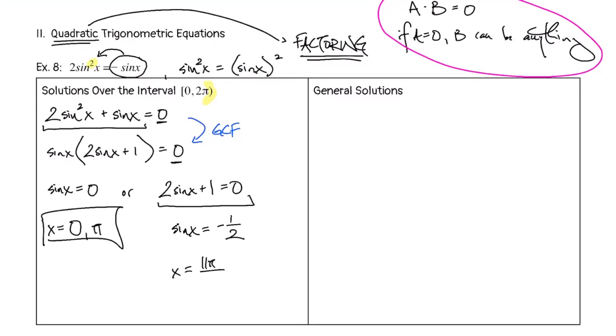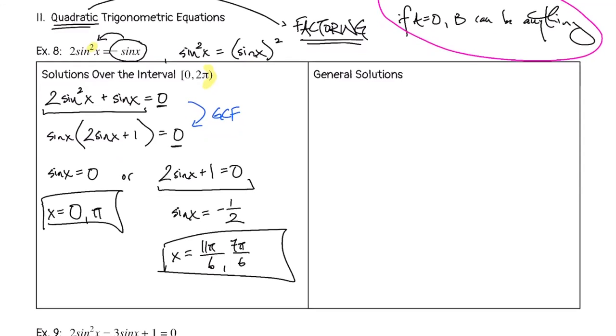And 7 pi over 6, beautiful. Okay, excellent, excellent. All right, so the tricky part to this problem is the factoring part. But once you've factored it, it's very much like questions 1 through 4, okay?